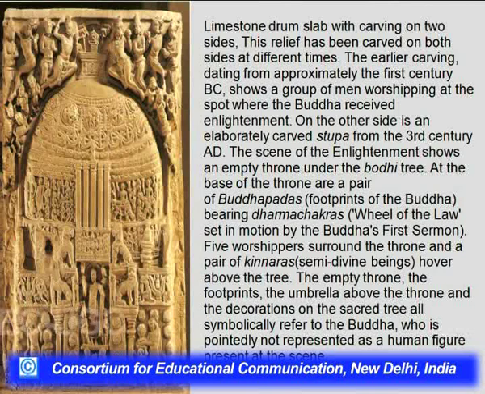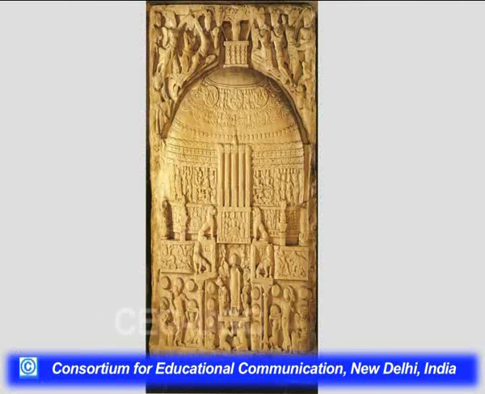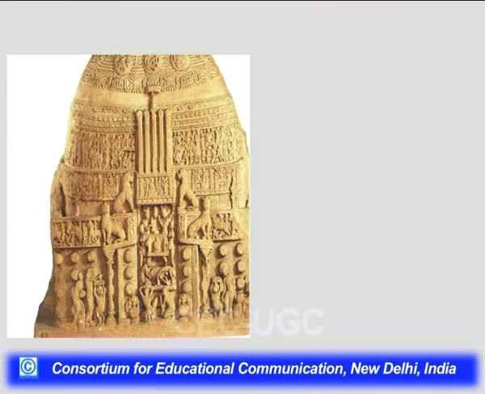Sometimes the Buddha is shown as a human figure and sometimes he is not. In this case, you can see that the Buddha is being shown in his human form. But that is not always the case. Sometimes he is shown through relics or through the empty throne.